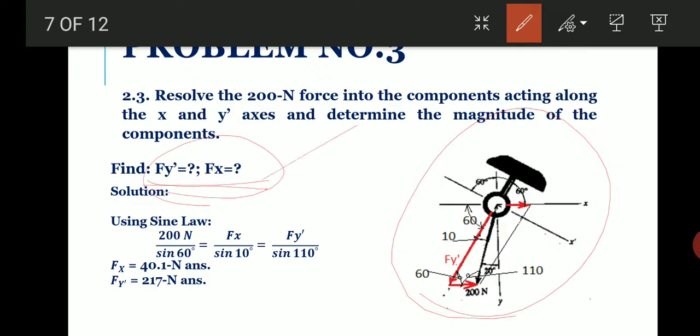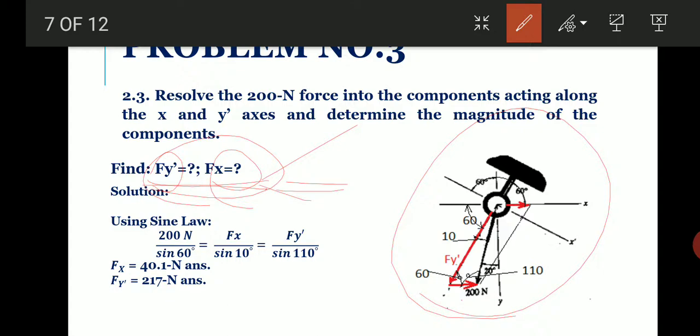The required, or we have to find, force Fy and force Fx.